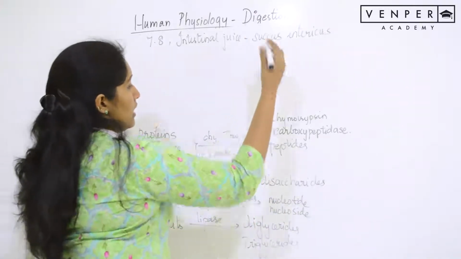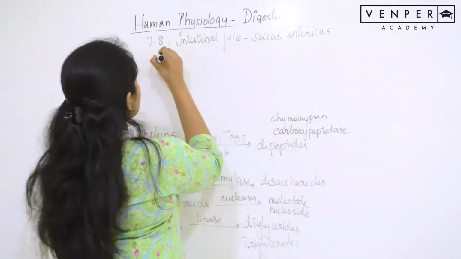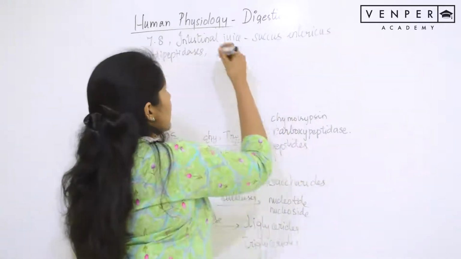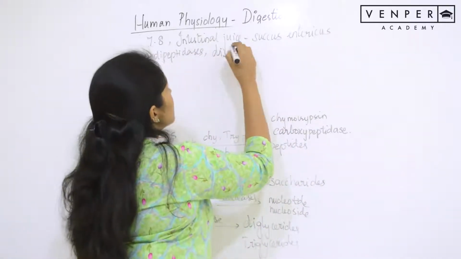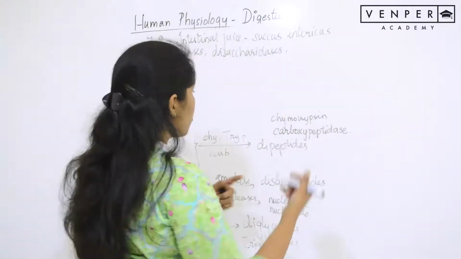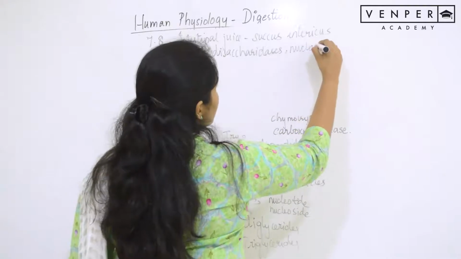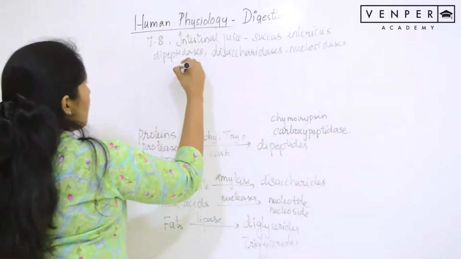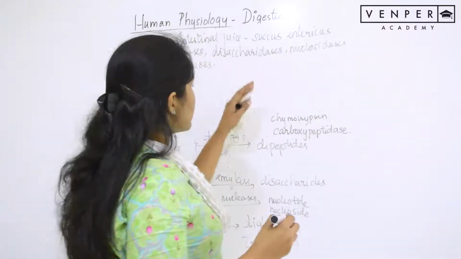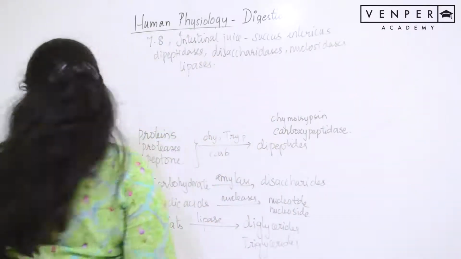So you have dipeptidases, you have disaccharidases, we have nucleosidases, and again we have lipases. So all these enzymes help in the further digestion.